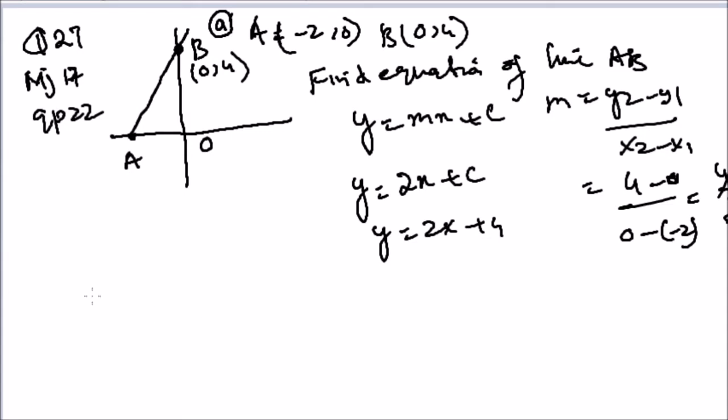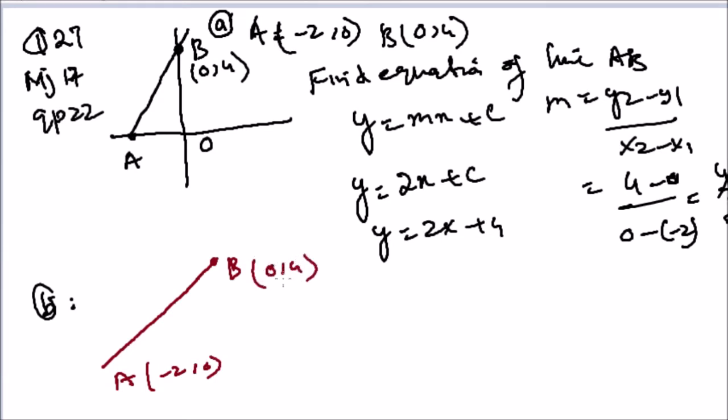Part B, in part B they say, now find the equation of the perpendicular bisector of AB. Let's say this point is B, this is point A, this is -2, 0, and this is 0, 4.